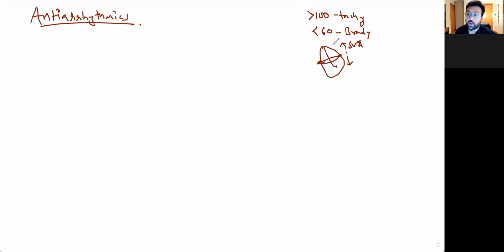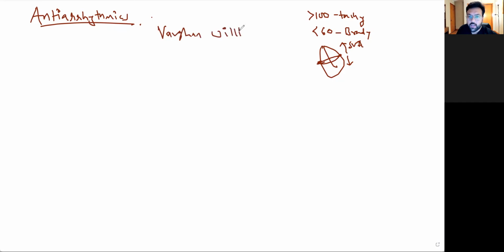These are different kinds of arrhythmias and heart rate problems. In order to convert or control those rhythm problems, we have some drugs, and they are called antiarrhythmics. We have four classes, and we follow something called the Vaughan Williams classification.